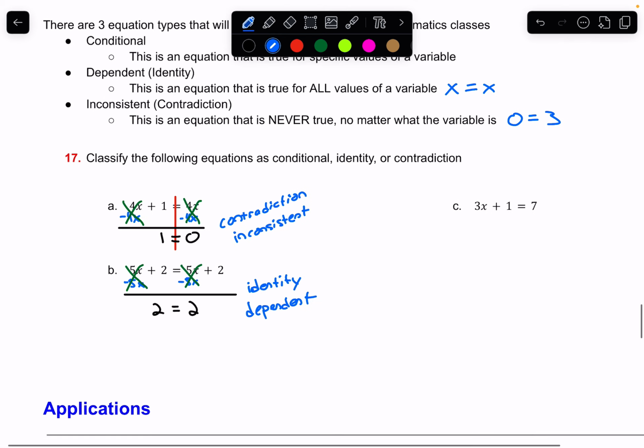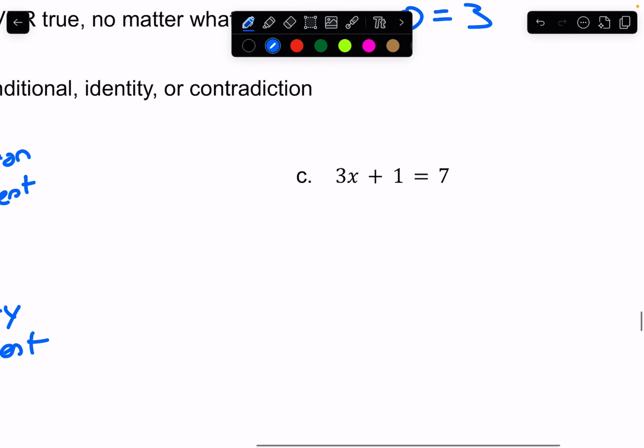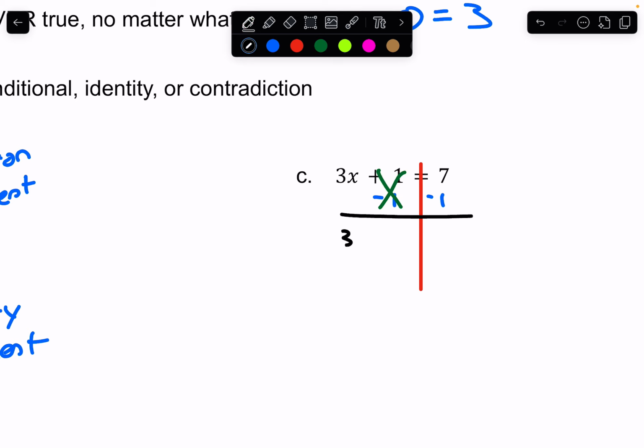All right, part C. Here we're just going to have a plain old conditional statement where if I try to solve, I'm going to get an answer. So if I subtract 1 from both sides, the ones on the left cancel. I end up with 3x is equal to 6. Multiply both sides by 1/3 because it's the reciprocal of 3, and I am left with x is equal to 2.